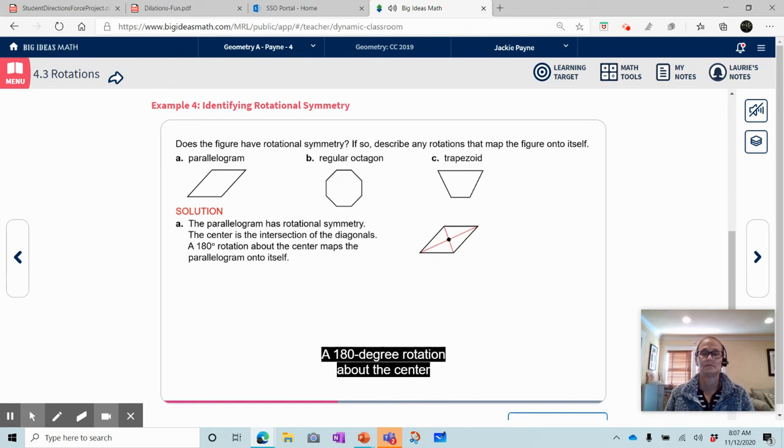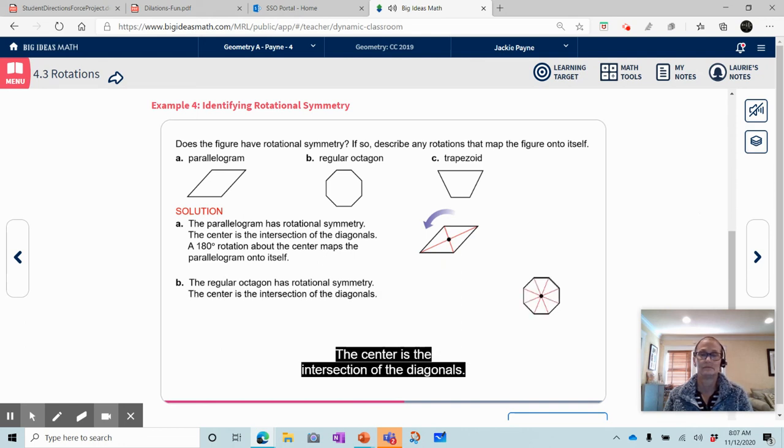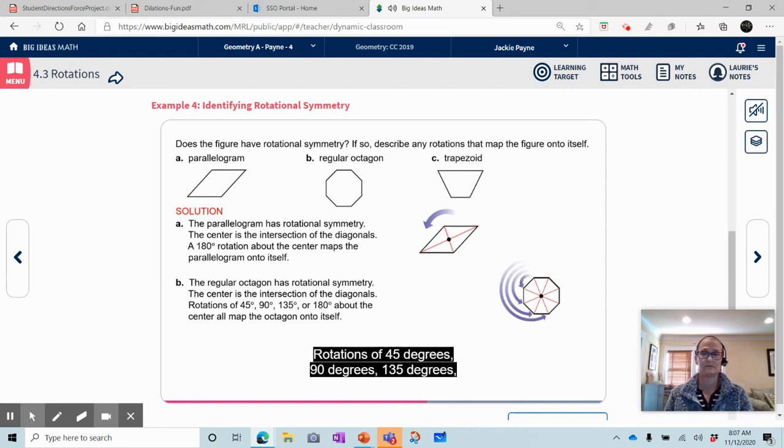A 180-degree rotation about the center maps the parallelogram onto itself. Part B. The regular octagon has rotational symmetry. The center is the intersection of the diagonals. Rotations of 45 degrees, 90 degrees, 135 degrees, or 180 degrees about the center all map the octagon onto itself.